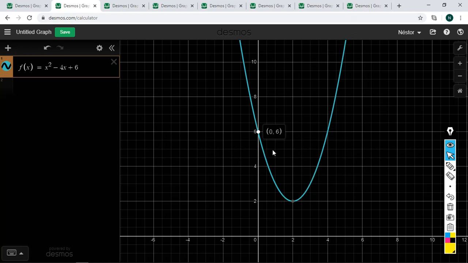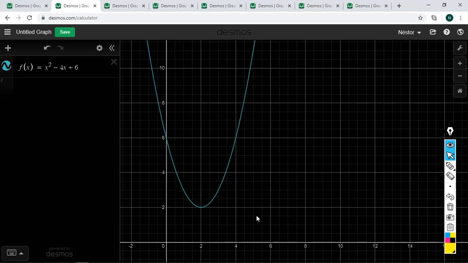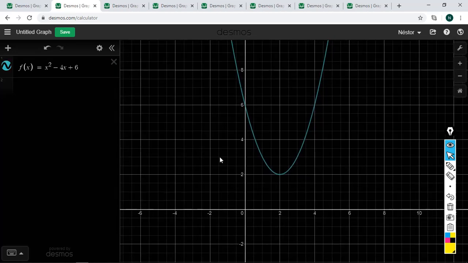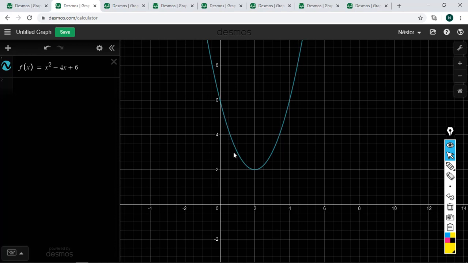Let's talk about the intercepts. First, the x-intercept. But the graph of the function is not crossing the x-axis, can you see? Nowhere, because the bottom of this function is right here, and then it goes up again. It never goes down enough to cross the x-axis.